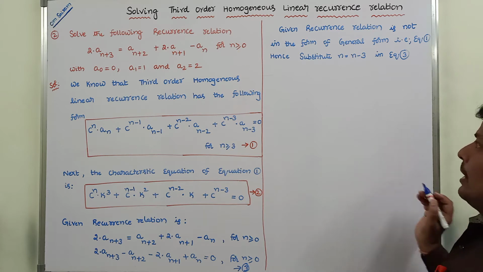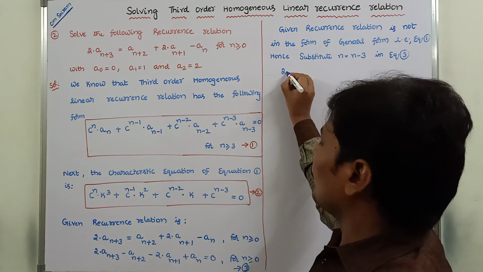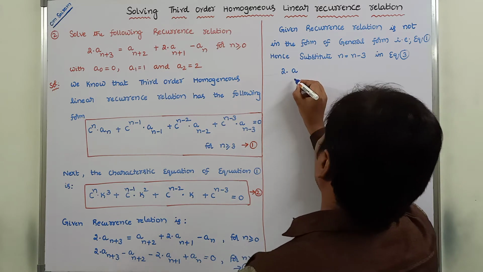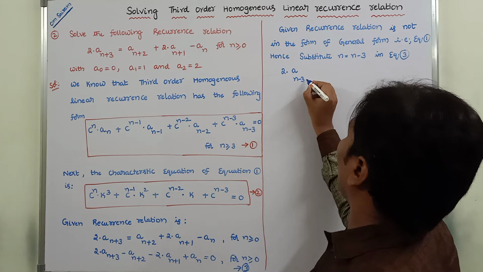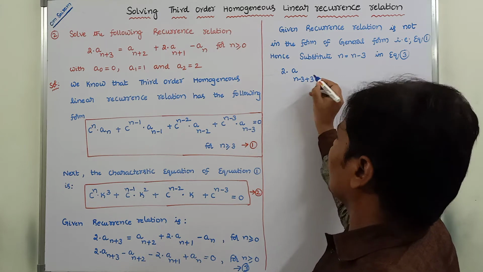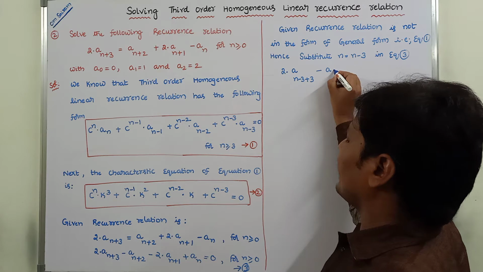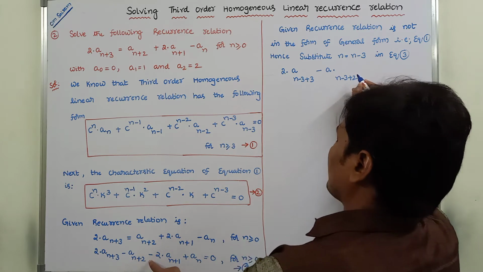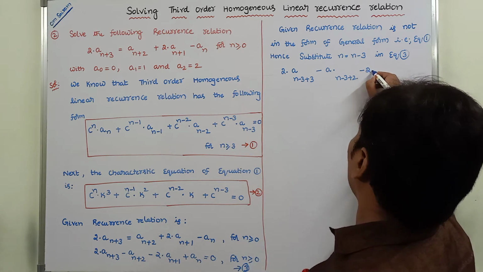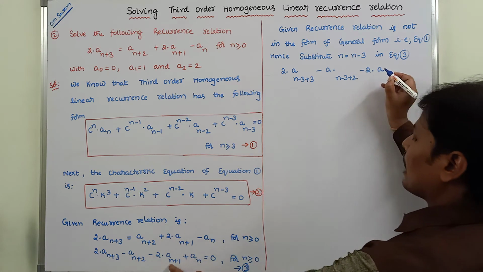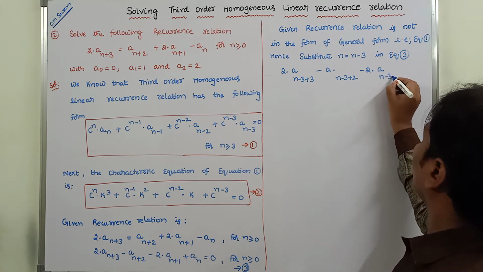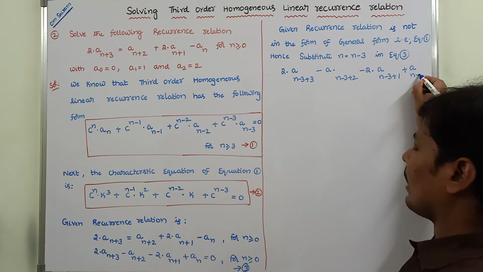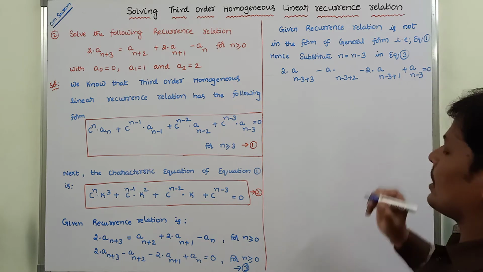Now 2 into a suffix n plus 3, in the place of n we are substituting n minus 3 plus 3, minus a into n minus 3 plus 2, minus 2 into a suffix n minus 3 plus 1, plus a suffix n minus 3 is equal to 0.